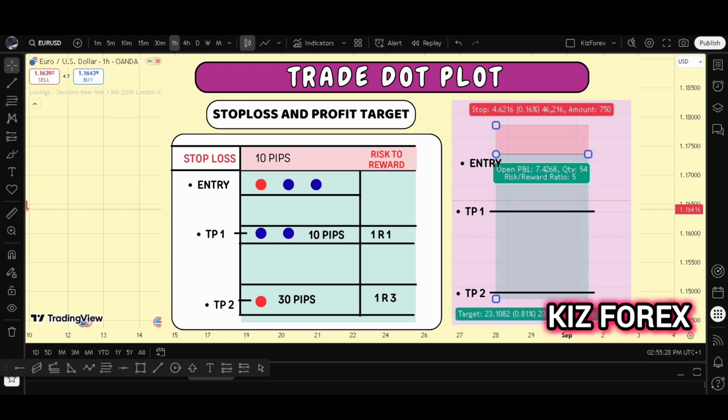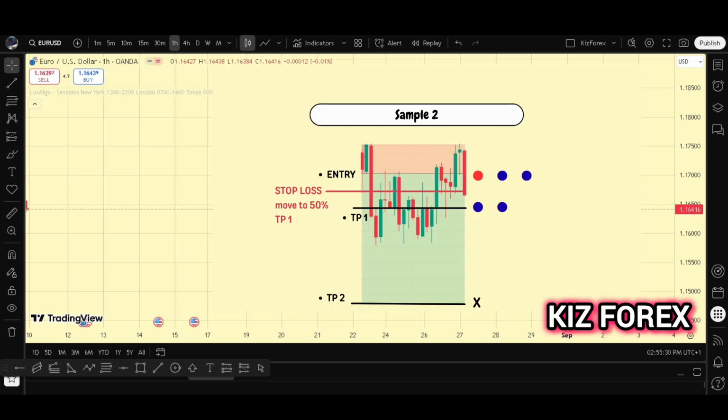So right here, as you can see, I entered from this particular zone, and then the market moves in my direction, and then it doesn't really get to my final TP. It gets to my first TP.